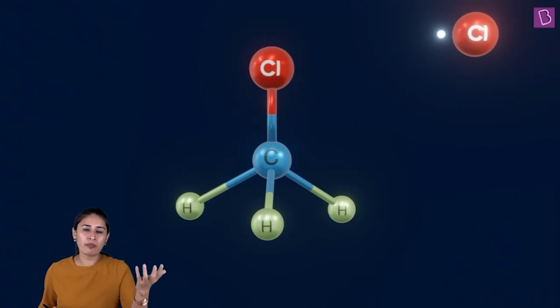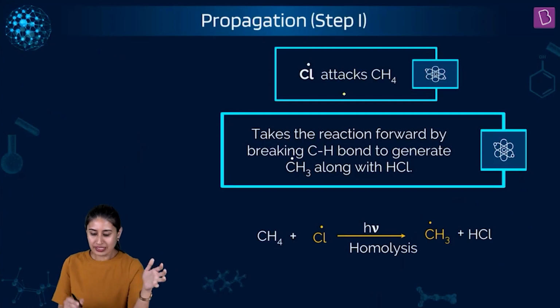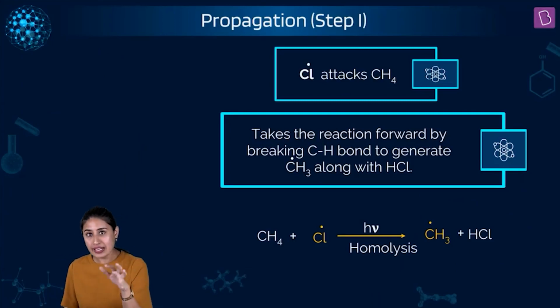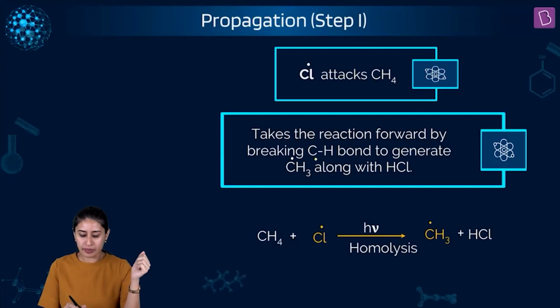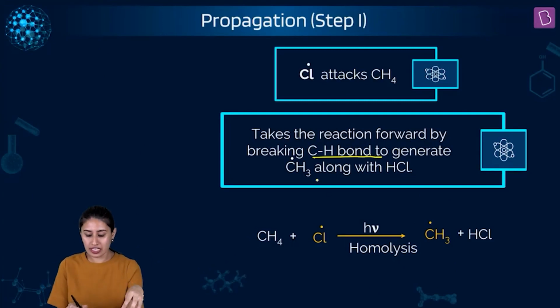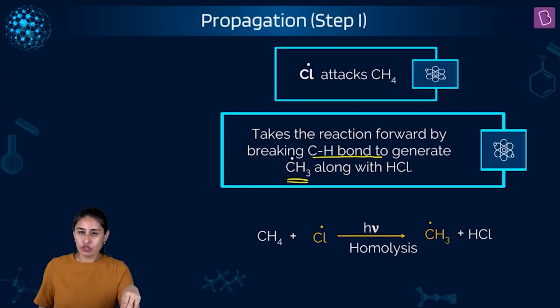It keeps propagating. So the Cl free radical attacks CH4, takes the reaction forward, breaking the C-H bond to generate a methyl free radical along with HCl. So though we are not able to get an alkyl free radical, or a hydrogen free radical, in the initiation step, nevertheless we are getting it in the propagation step.